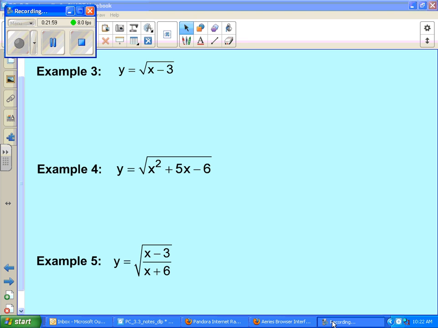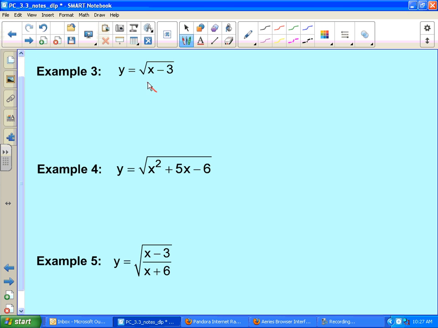There we go. So x minus 3 is underneath the radical. Everything underneath the radical automatically gets set greater than or equal to 0. When there is just one x, not x squared, just x, some of you were doing the sign chart thing, and that's okay.